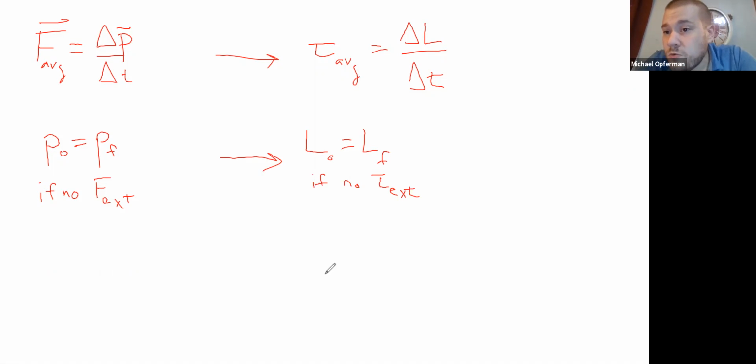So the way that you handle conservation of angular momentum is exactly the same way as you handle conservation of linear momentum. So I'm not going to dedicate a special video to that. Just go back to your momentum conservation procedure and do exactly the same thing, but applied to angular momentum. And that's all there is to it. So angular momentum can be very complicated, but in concept, it's the same as dealing with linear momentum.